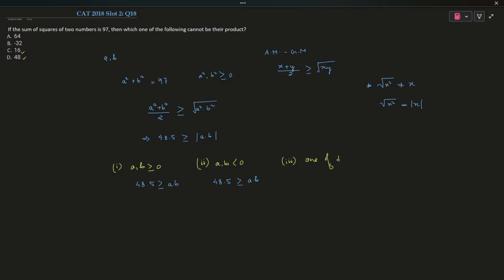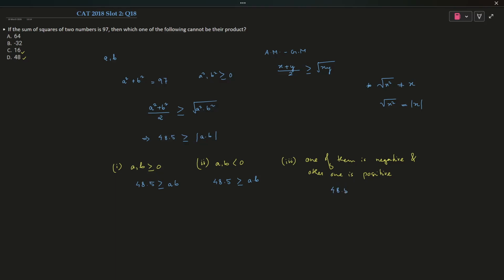But we will verify the third case, when one of them is negative, that is less than 0, and the other one is positive. When this happens, the product will be negative, so it will open with negative sign.